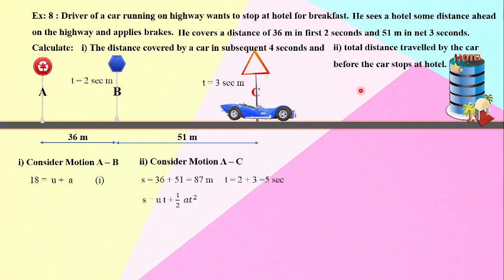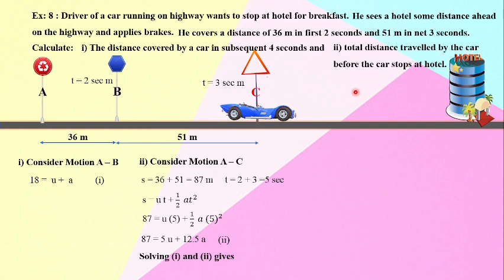Now here we have s is equal to ut plus half at square. Substitute the values of s and t and simplify it, and you will get equation number 2. Now you have equation number 1 and equation number 2, which have two unknowns, u and a. We can perform mathematical operations on these and find the values of u and a.